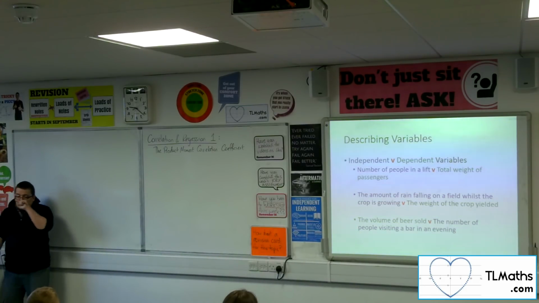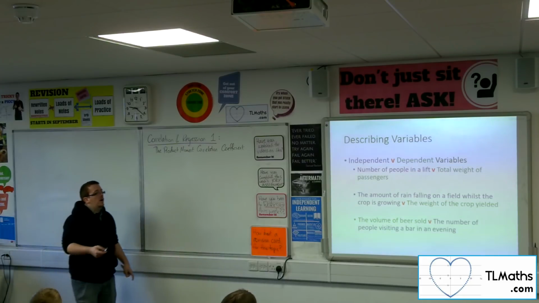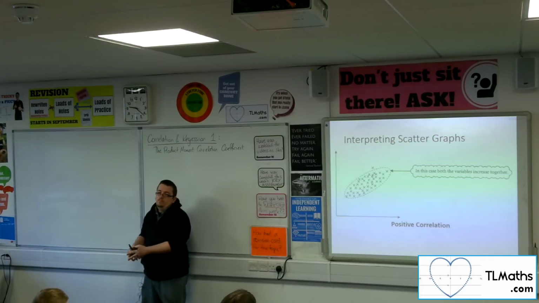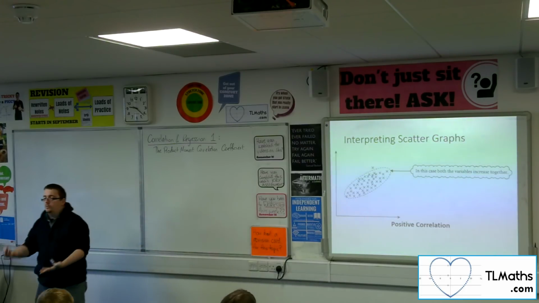So back at GCSE, when you were doing scatter graphs, you were used to determining whether things were positively correlated, negatively correlated, or had no correlation.